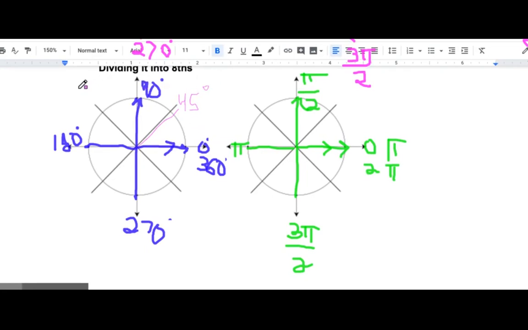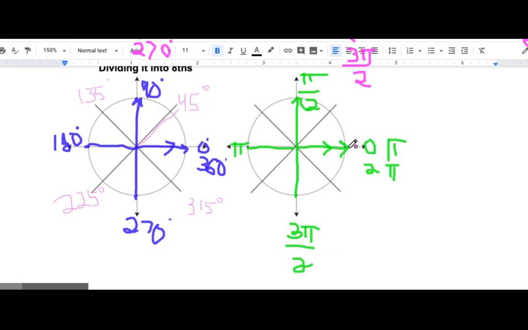You add 45 again, you get 135. You add 45 again, you get 180. If you add 45 again, you get 225. You add 45 again, you get 270. 45 again brings me to 315. And then my last 45 brings me back to the 360.